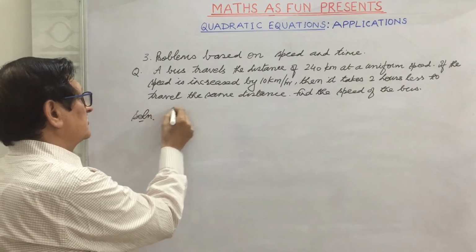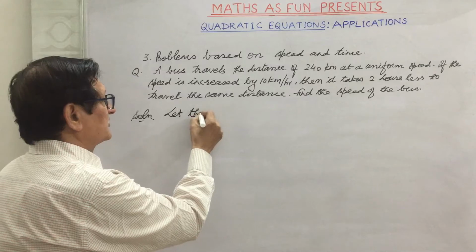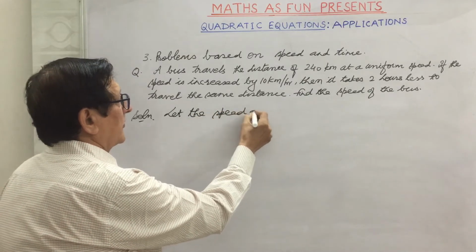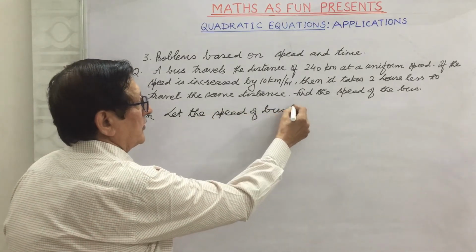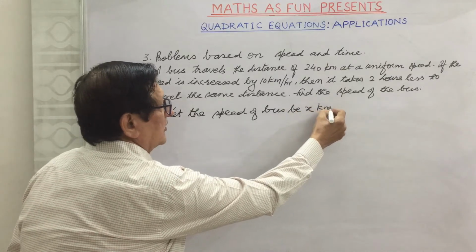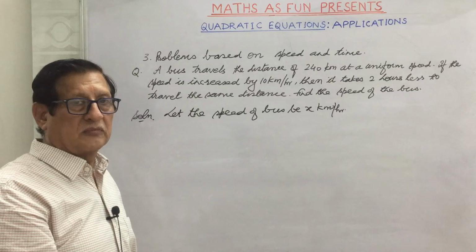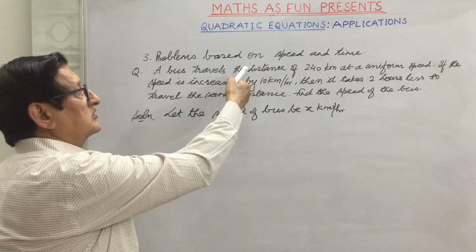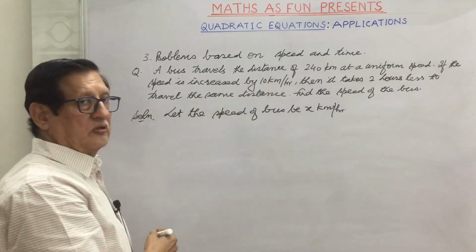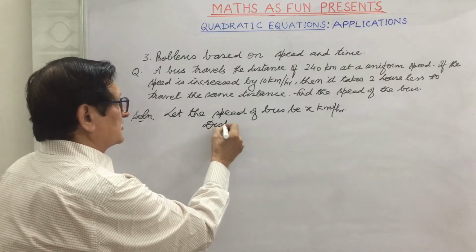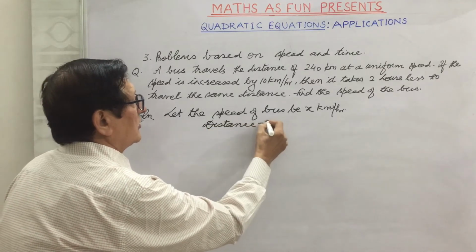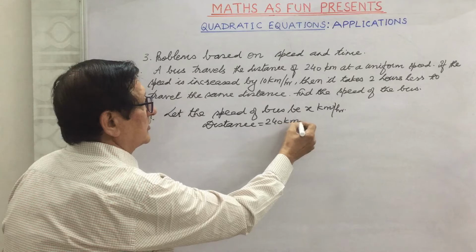We write the solution. Let the speed of the bus be x kilometers per hour. Then the distance to be covered is 240 kilometers.